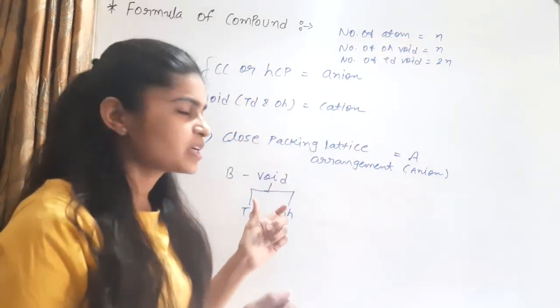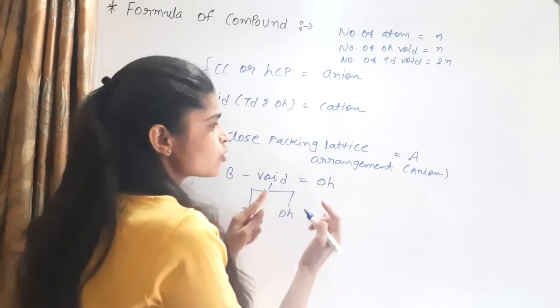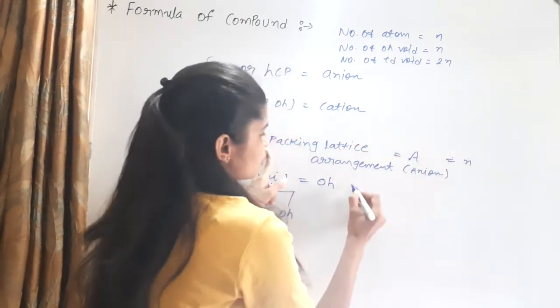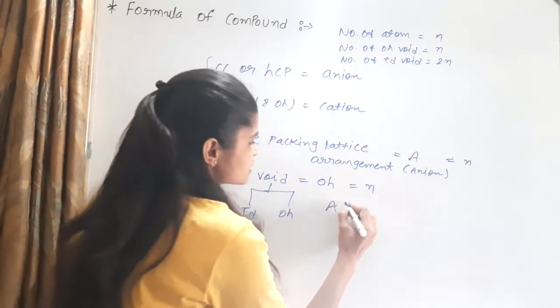In this structure we consider B in the octahedral voids, because the closed packing lattice has n atoms, so there are n octahedral voids. So this formula is AB.